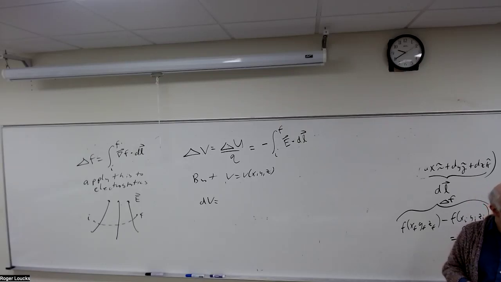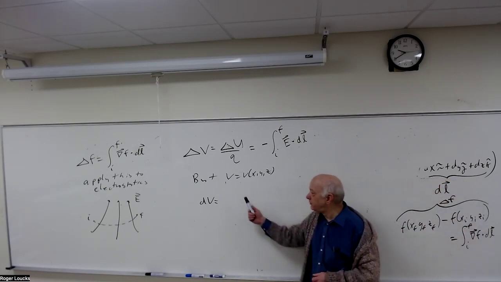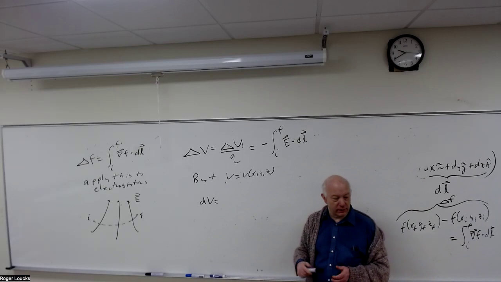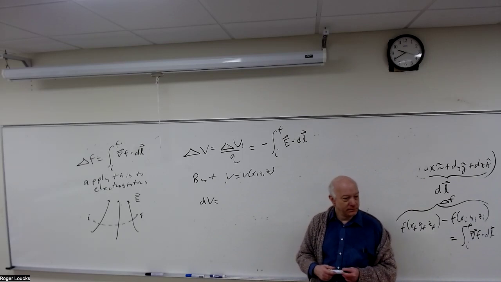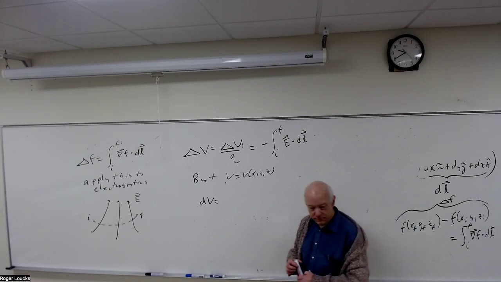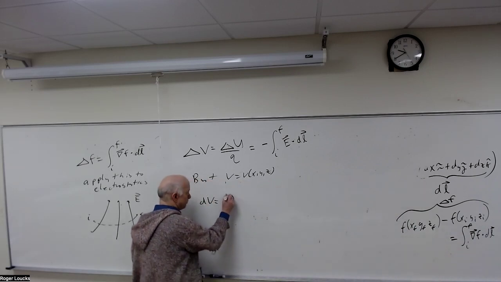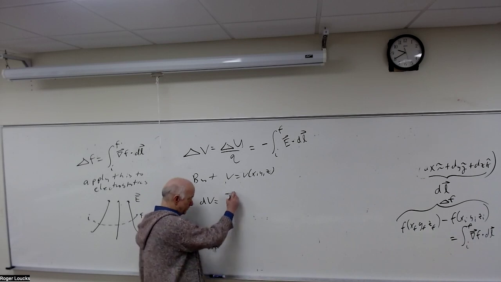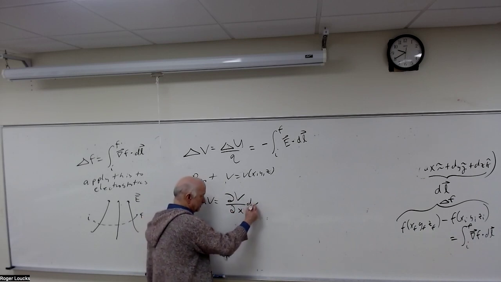Well, yes. So let's do it again. Okay. So how much does V change if I only change X? How did we write that? Partial V with respect to X dx. Okay.